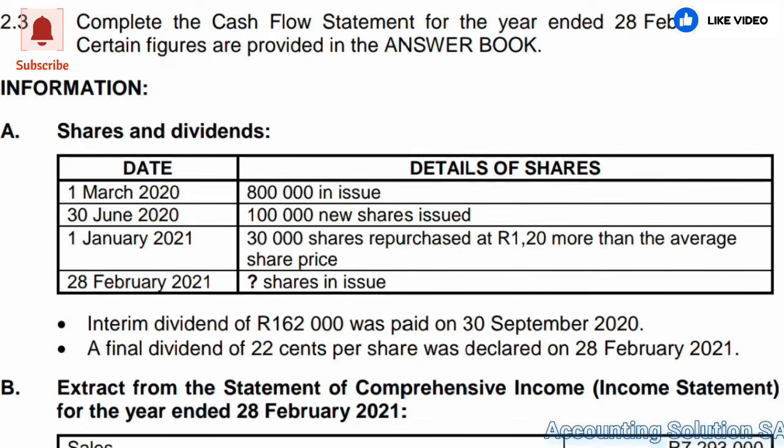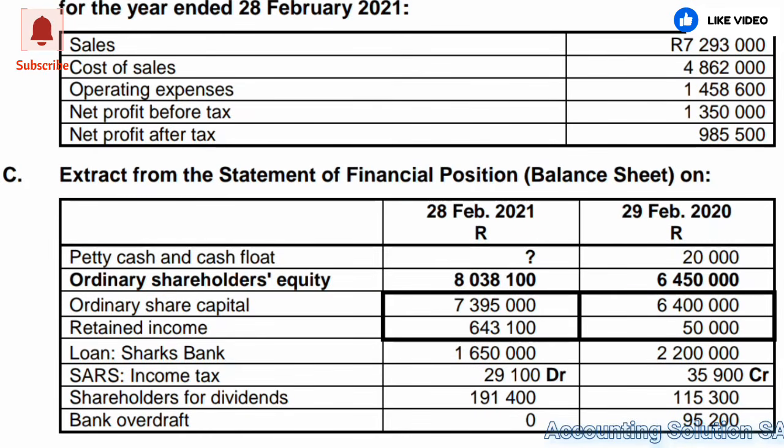Okay, how are we going to calculate it? Very simple, guys. Number one, we have 800,000 in issue at the beginning. Then we add the new shares of 100,000, which gives us 900,000. Then we subtract the repurchase, and we're going to be left with 870,000 shares. We have a balance of ordinary share capital at the end of 7,395,000.